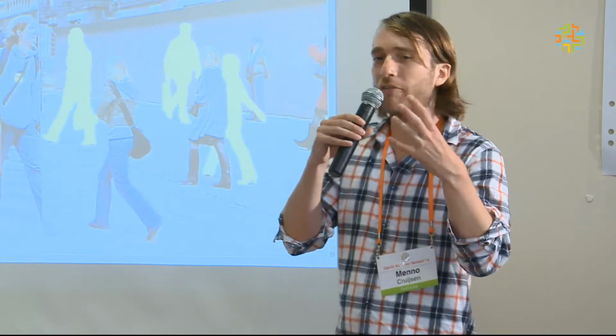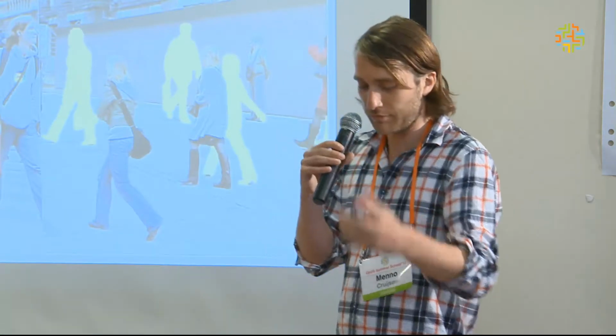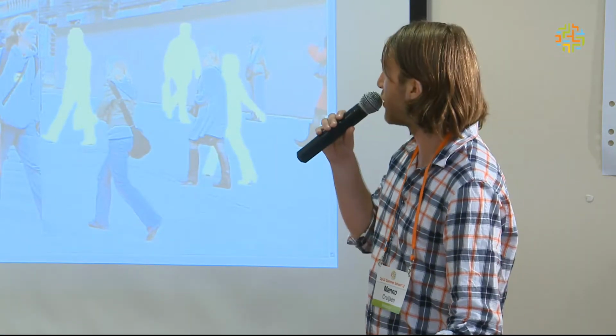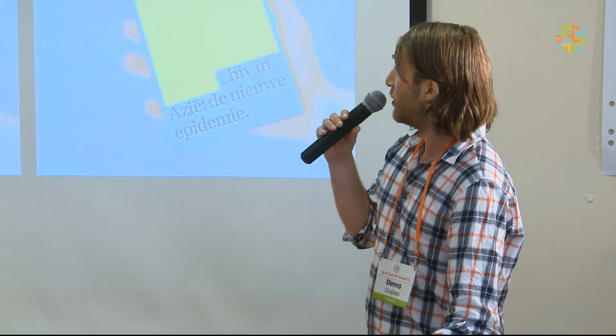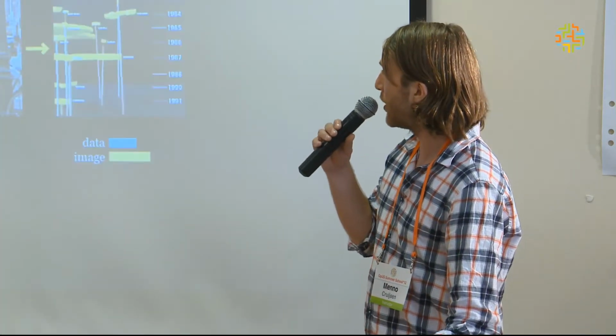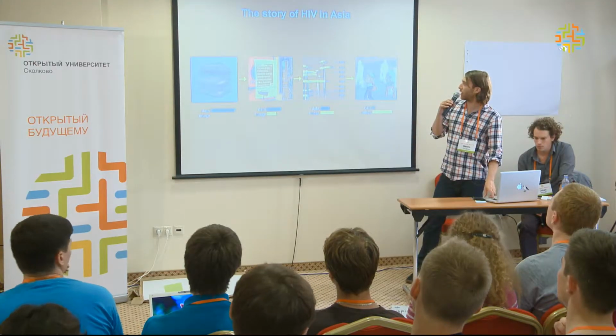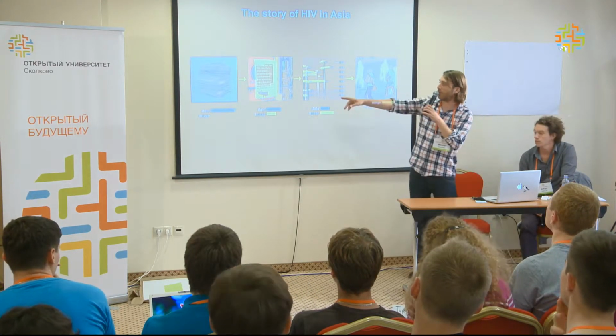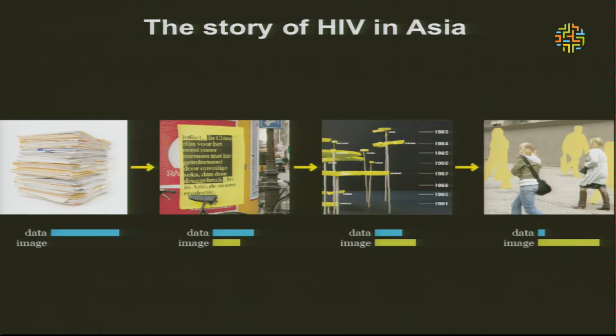So people get a straight feel that it doesn't become abstract, but it becomes really close because it's visually represented on the streets. So it's data, image, and here you go. You go from completely abstract data towards the end, and here you visualize it in a very powerful message that these are actually people around you who could suffer from it as well.